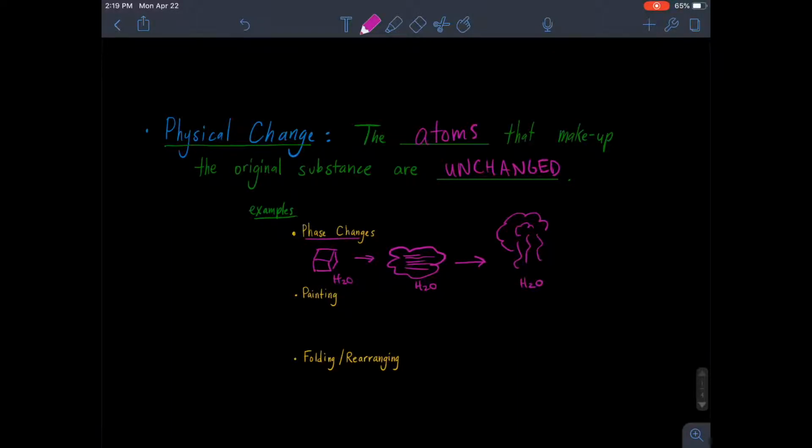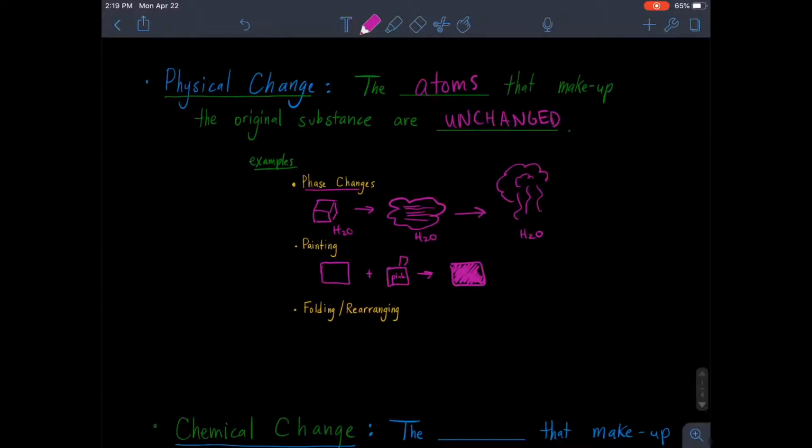If you have, let's say, a square of cardboard, and you take some paint and you paint it pink, and you end up with a square of cardboard that is now painted pink, that is not a chemical change. That's a physical change because you are changing a physical property. You are changing the color of it by adding something onto it.